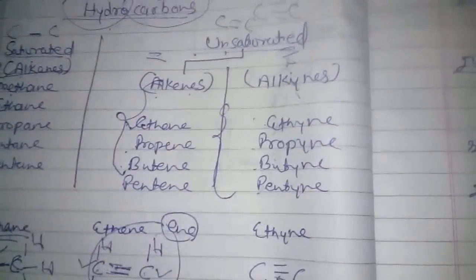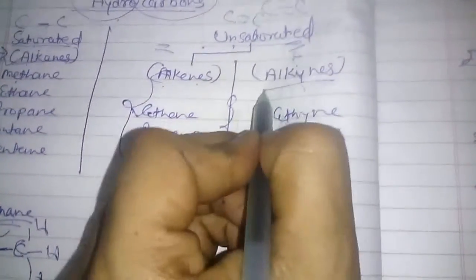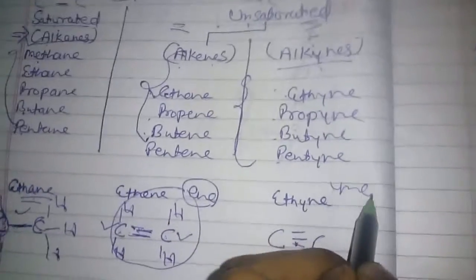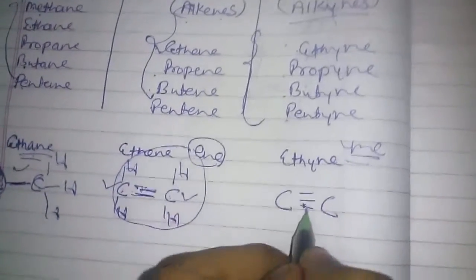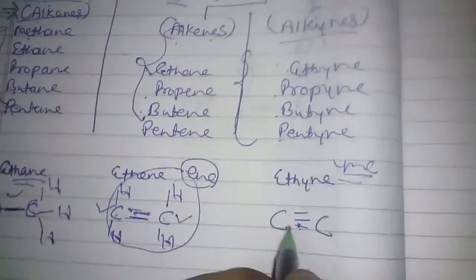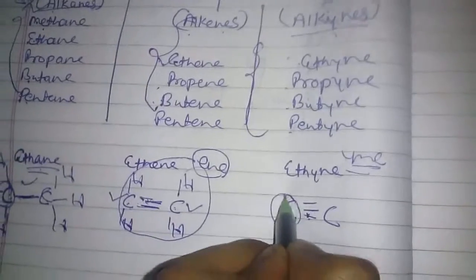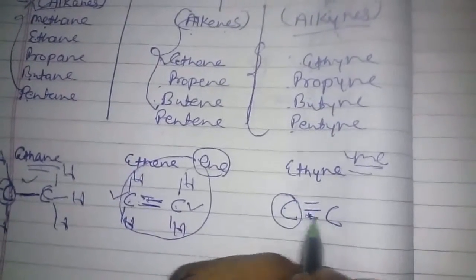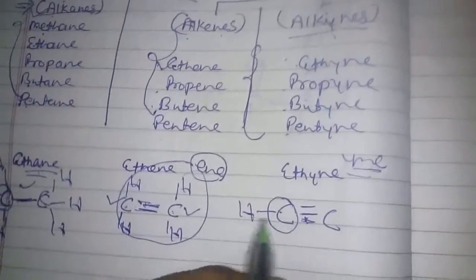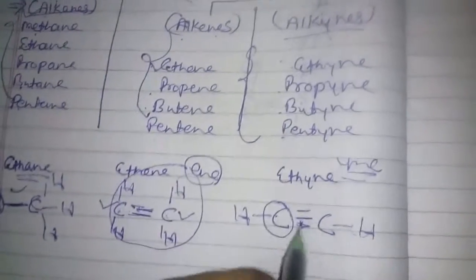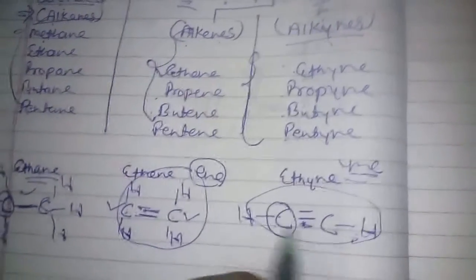Now it's complete. Let's talk about ethyne, which is one of the alkynes. Presence of YNE at the end means a triple bond between the carbons. Let us talk about this carbon, 1 2 3, just one hydrogen. Same here. So this is also complete.